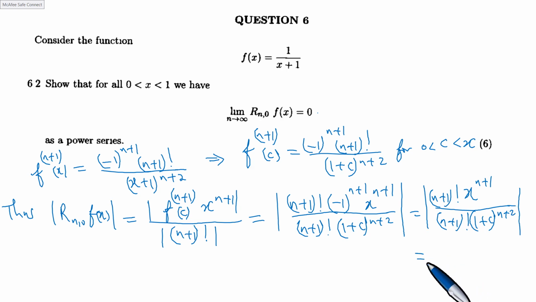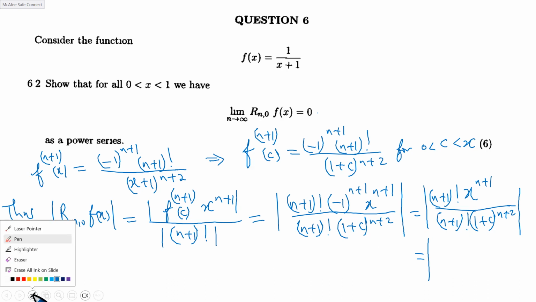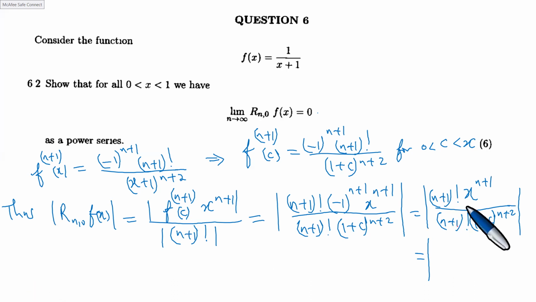So what is all this here? This is the same as, you can see, you have the x to the n plus, so you have the factorial here. Right, so this one cancels this.